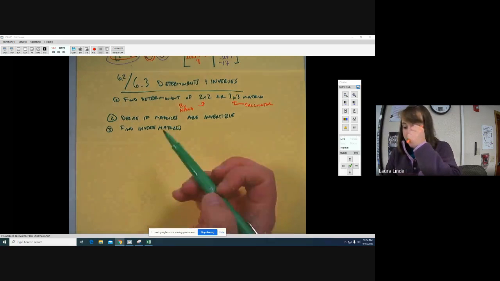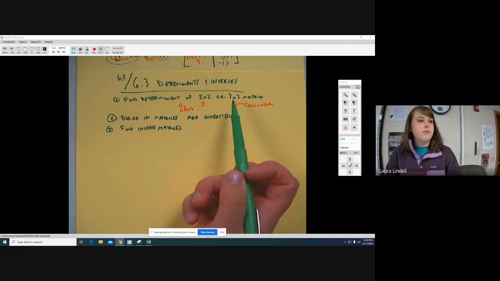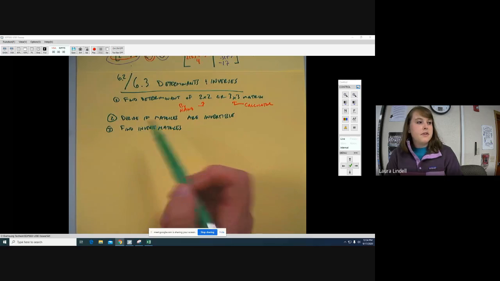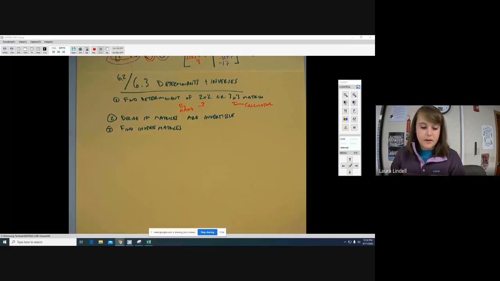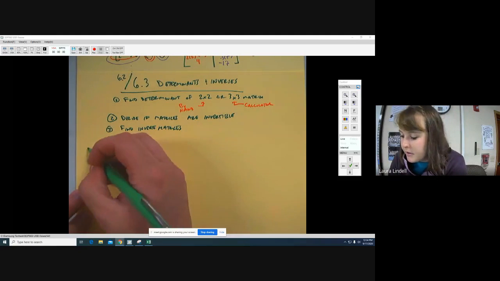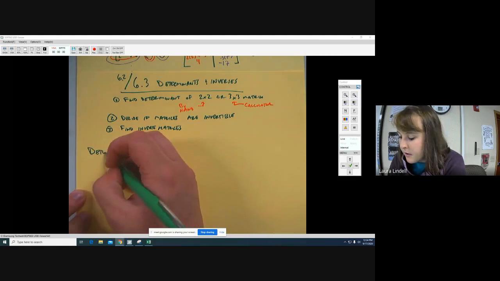Okay, so we want to be able to find determinants of 2x2s and 3x3s today. We want to decide if matrices are invertible, and we want to be able to find inverse matrices. So here we go. The first thing we're going to talk about today is the determinant.